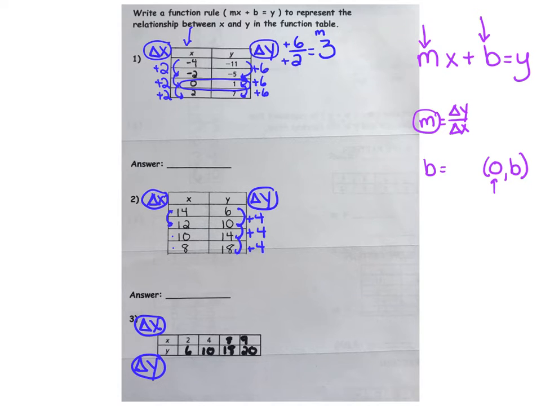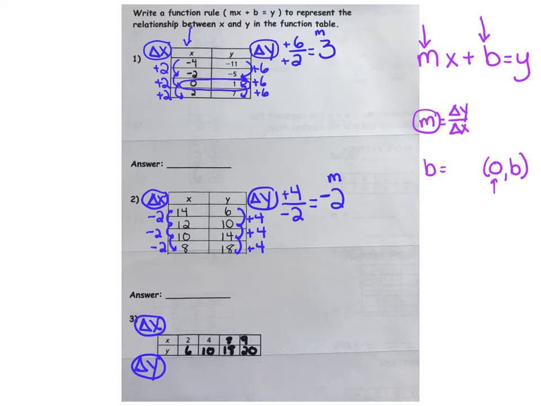From 14 down to 12, it's a loss of 2. From 12 to 10, a loss of 2. And from 10 to 8, a loss of 2. So really, we have positive 4 divided by negative 2. That ends up being a negative slope of negative 2.